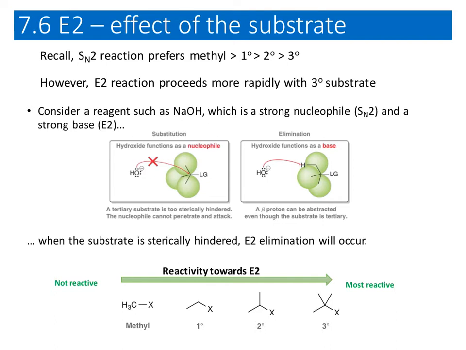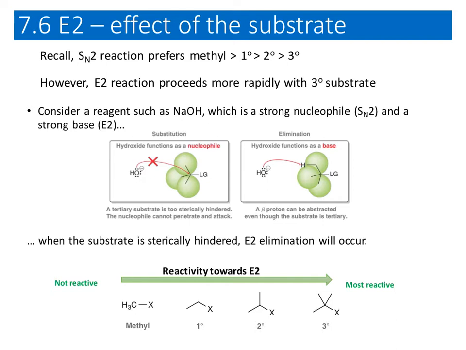Now, if you consider substitution on the tertiary substrate, a tertiary substrate is too sterically hindered. Therefore, the nucleophile cannot approach the electrophilic center. So this reaction is almost not happening because it is so crowded here.